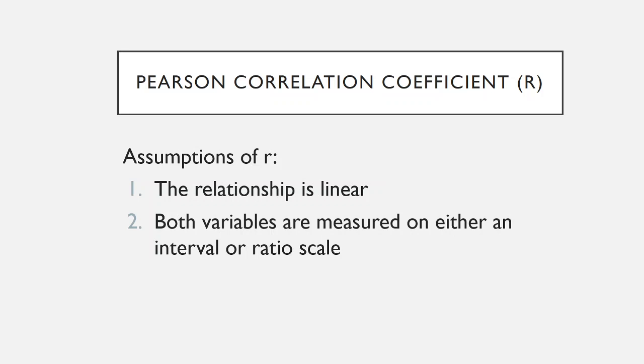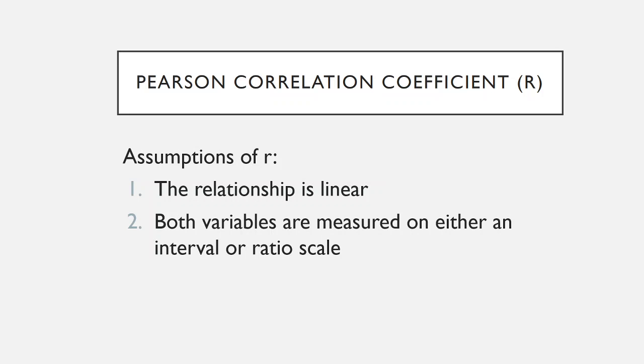Additionally, and this is another point that I harp on a lot early in the semester and it becomes relevant now, both variables, when you're running your Pearson's R, need to be quantitative. That means they need to be on an interval or ratio scale of measurement. Whenever I was going on and on about how you can't put gender into a Pearson's R, it's because gender is just typically a question where people are placing themselves into a category, and this does not work in a Pearson's R. Now, SPSS is going to let you run a Pearson's R with gender because the information written into SPSS will be a string of 1s and 2s.